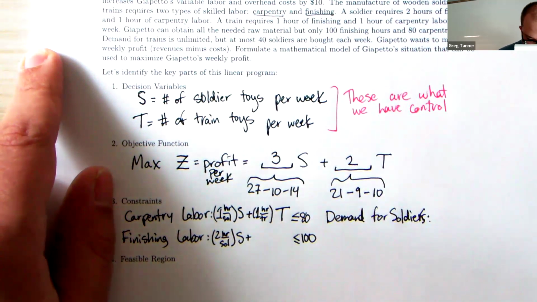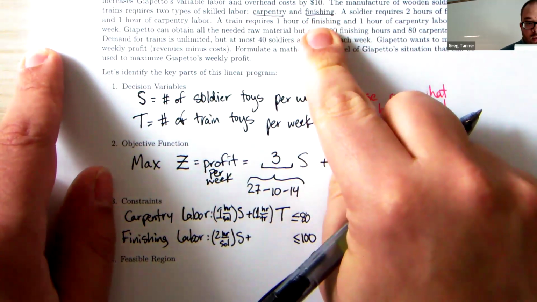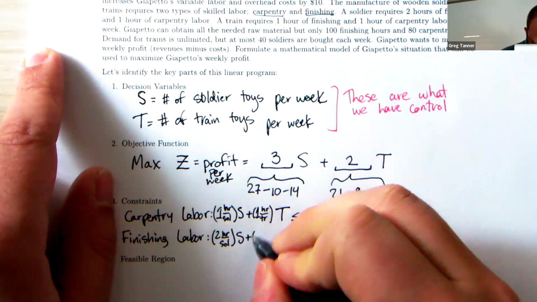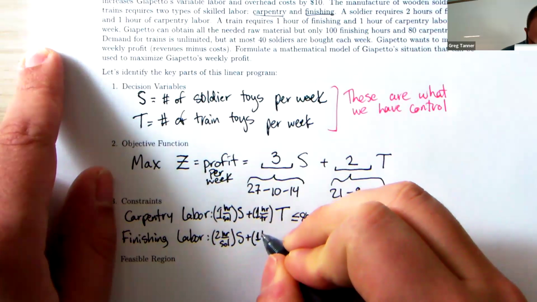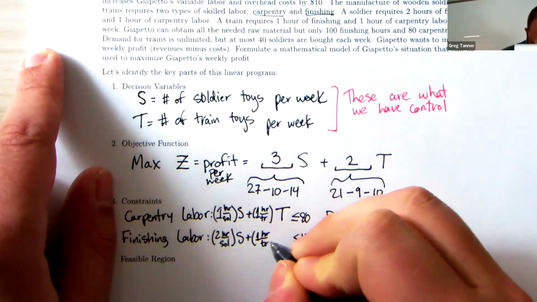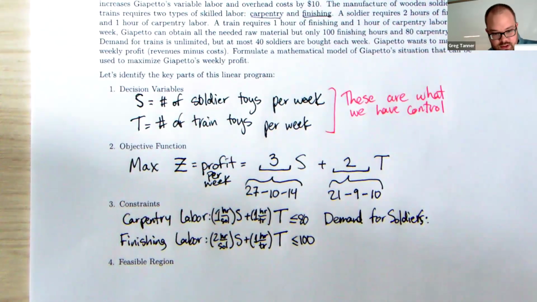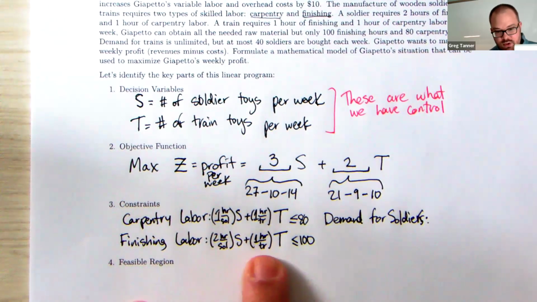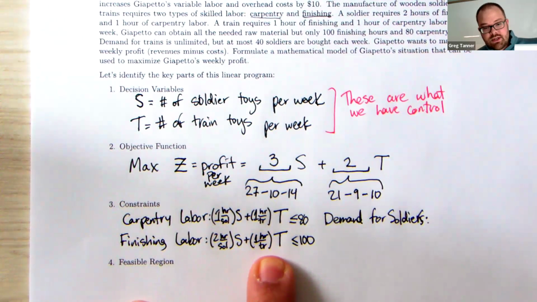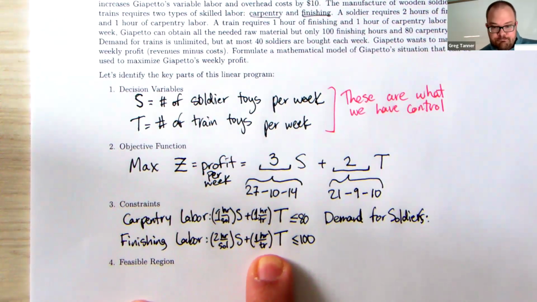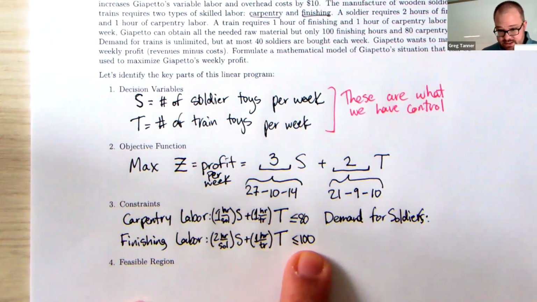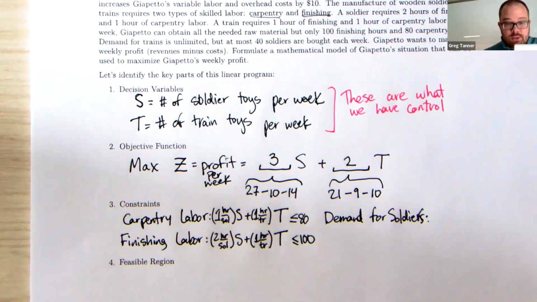And for trains, each train requires 1 hour of finishing, so we have a requirement of 1 hour per train times the number of trains per week. The left-hand side of this constraint gives us our total finishing requirements per week. And that has to be less than or equal to 100 because we've only got 100 hours of finishing labor available to Geppetto.